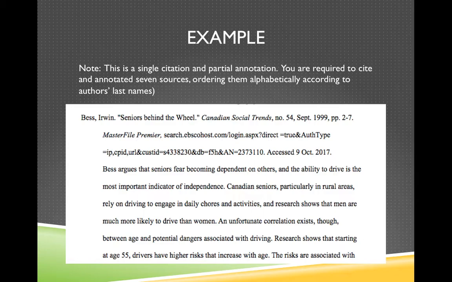Now immediately following that is going to be a paragraph or more of an annotation, and I will discuss what your annotation should include on the upcoming slides. But generally speaking, this is how your annotation will look on the page. And again, you're going to have a series of 7 citations and annotations throughout the course of your document.